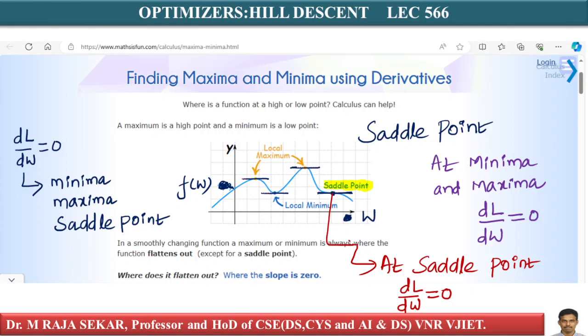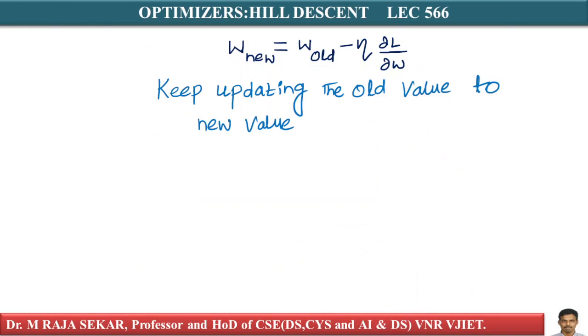Very interesting, right? If you recall our SGD, we always said that we will keep updating with the function w new equal to w old minus eta into dou L by dou w. We keep running this in a loop, updating the old value to the new value.